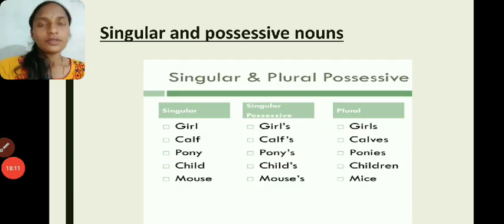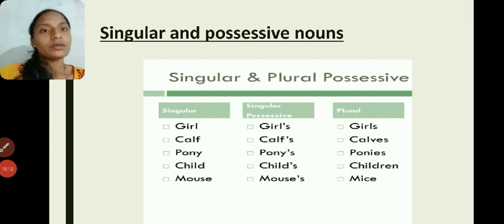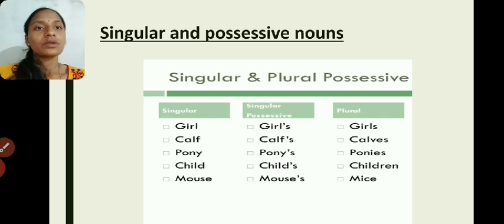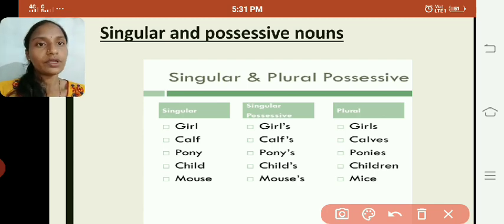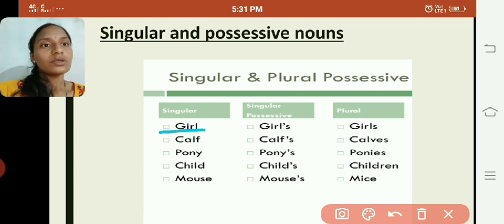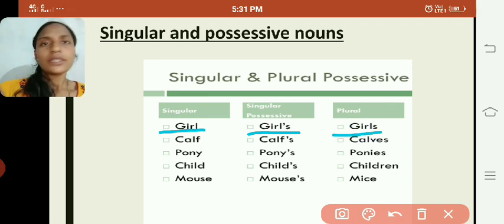Now see here, you might get more clear that, suppose a word is girl. To show the possession, the apostrophe is used. So it is girl's, right? But here girls, there is no apostrophe.